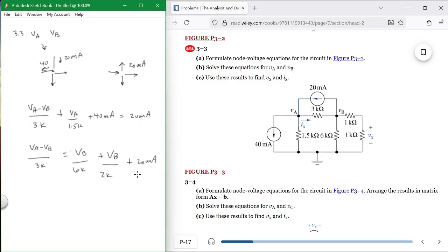Now, to find VA and VB, we've got to get the VAs and the VBs on the left side and the constants on the other side. So in order to do that, we basically have to say, okay, it's VA, this is called standard form, over 3K, plus, excuse me, plus, okay, I'm slow today. I don't know why, but I am very slow.